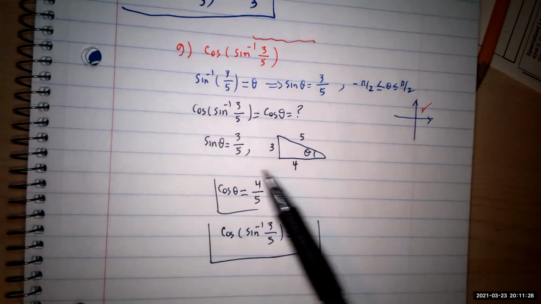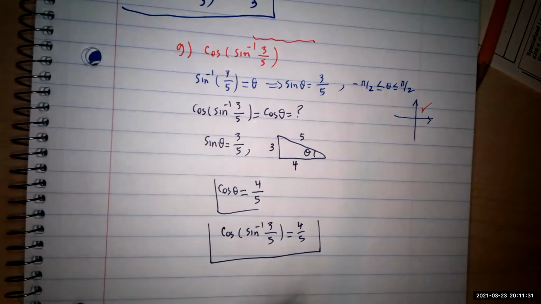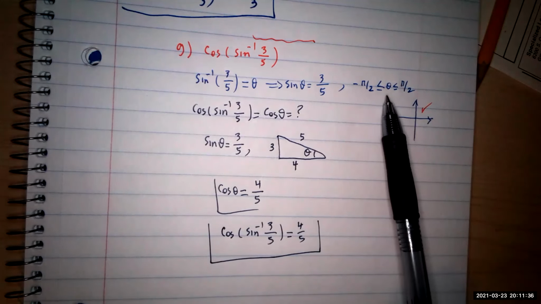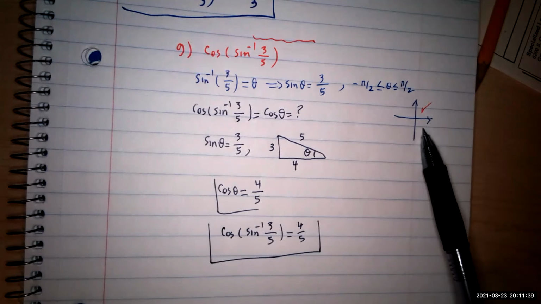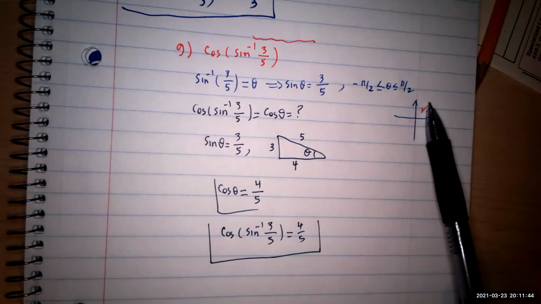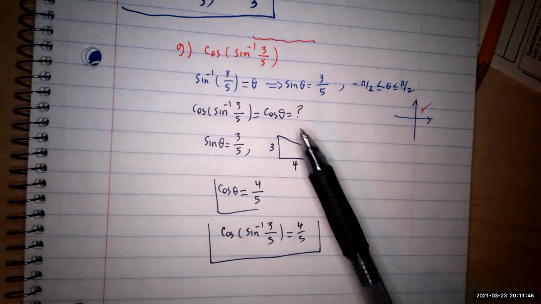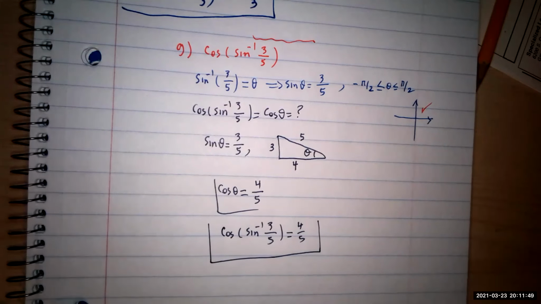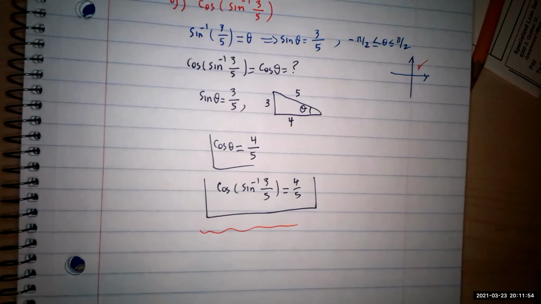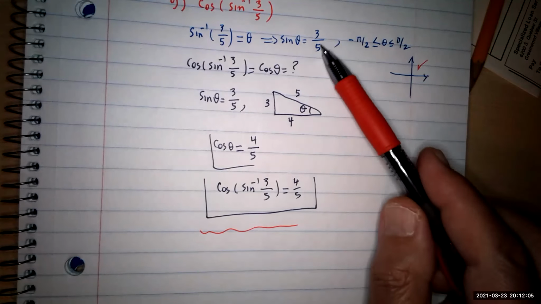For the second part, you have to go to your right triangle. Make sure that, with this property, you are either in the first or the fourth quadrant, but since 3/5 is positive, you are going to be here, and that will help you when you estimate the cosine. We use the right triangle when these numbers are not well known.